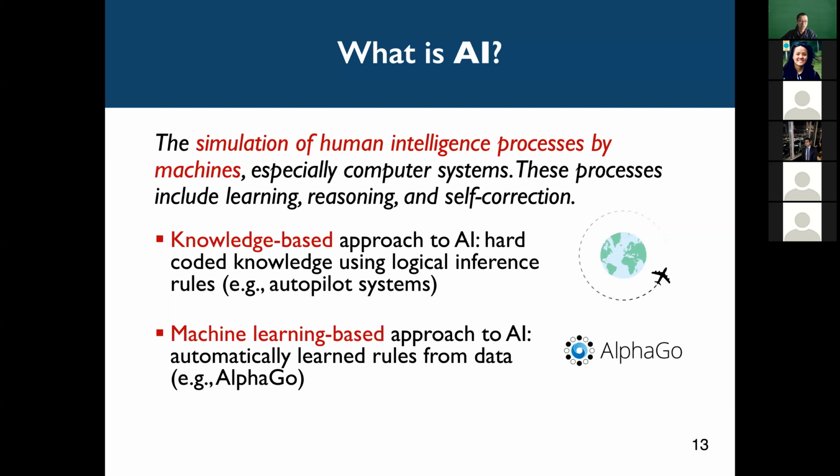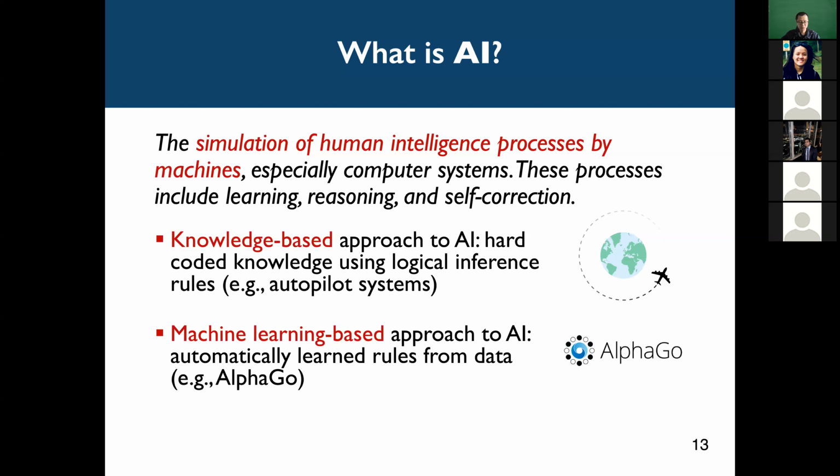Then, whenever AlphaGo is playing a real game, the robot would apply the rules it learned from the past. So there are two approaches to AI, knowledge-based and machine learning-based. Nowadays, machine learning-based is usually more popular, because it's very hard to understand the rules manually and write them into a program.